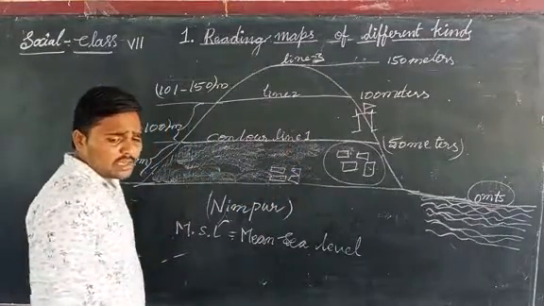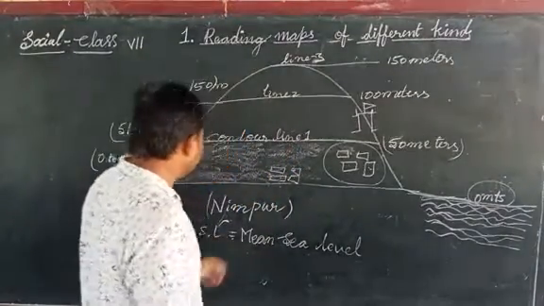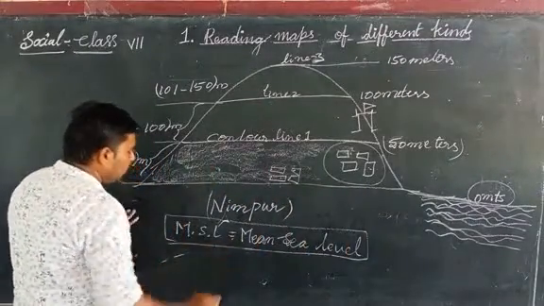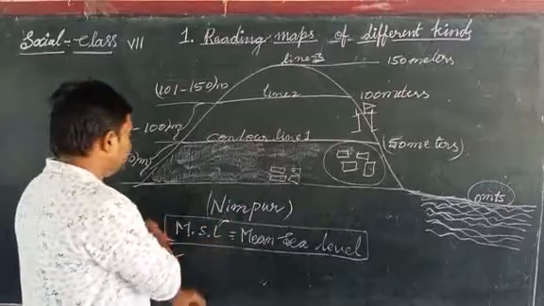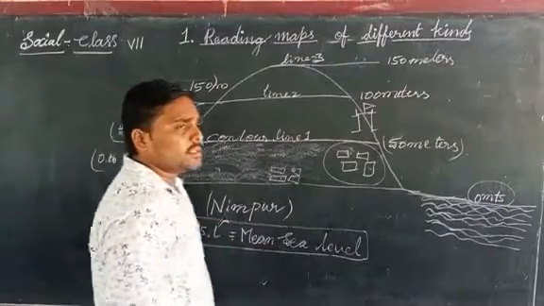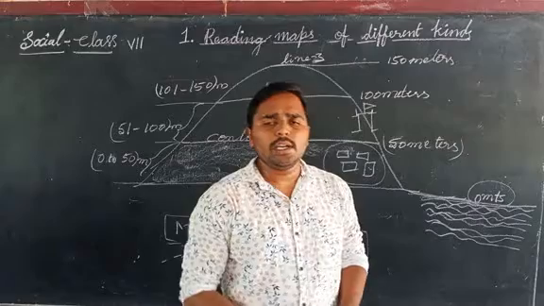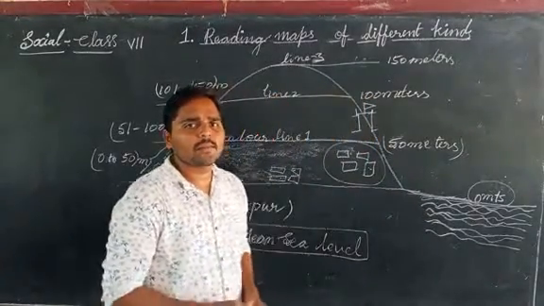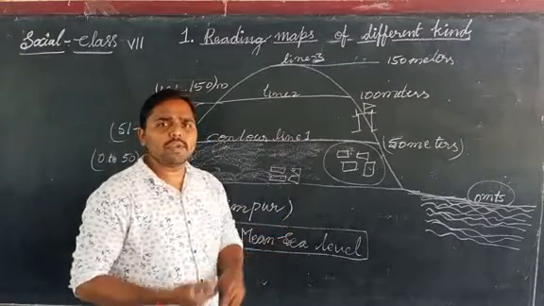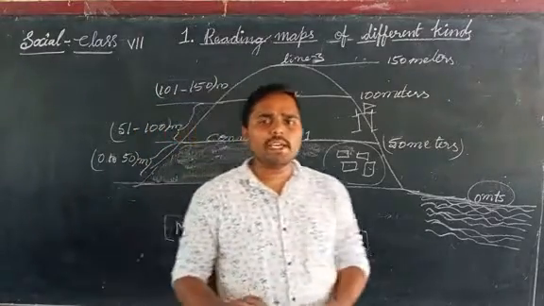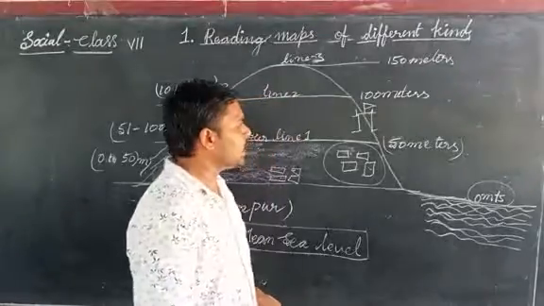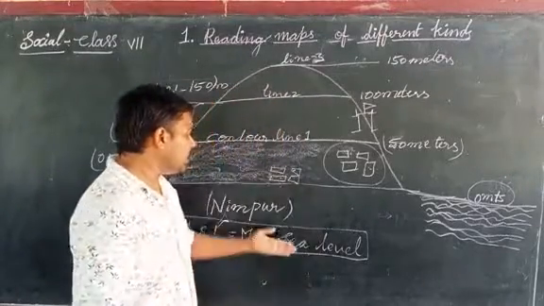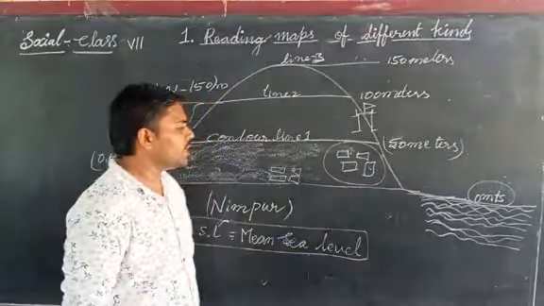Then how can you measure the mean sea level? Does the ocean water or sea water stand still? They are always moving, always giving high tides and low tides. Then how can you say the exact mean sea level at 0 meters on the surface of the water?